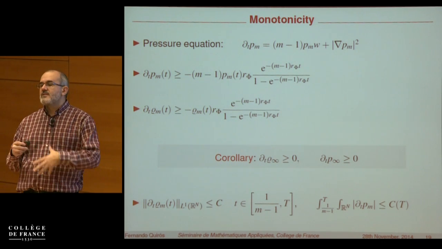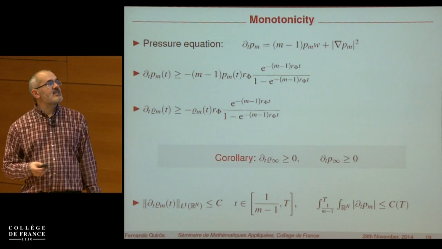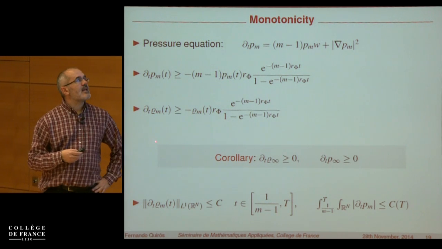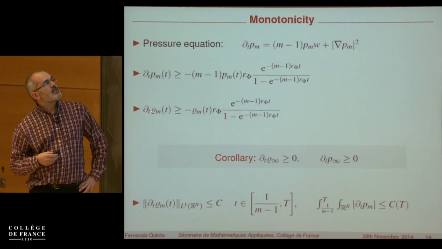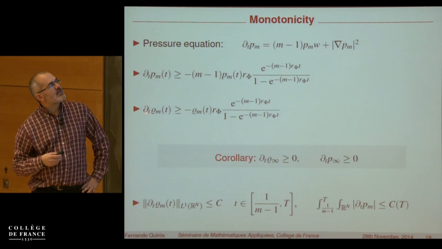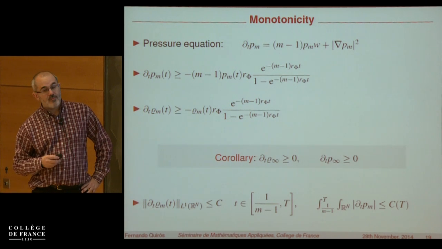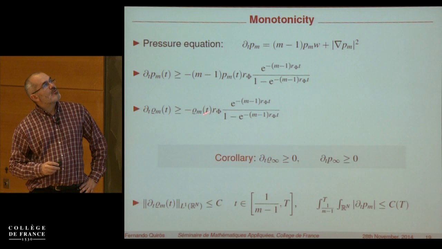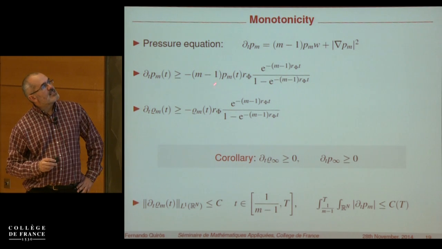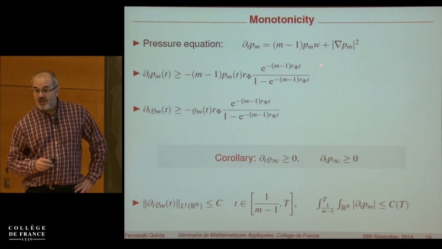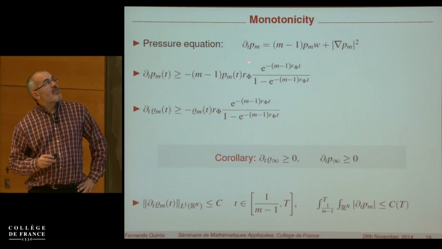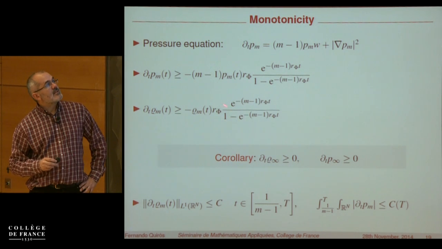And since there's a nice relation between the pressure and the density, this also yields a nice inequality for the time derivative of the density from below. And then if you let m go to infinity, this is bad, but here you have the exponential of minus m. This will go to 0, and this is the same in this case.